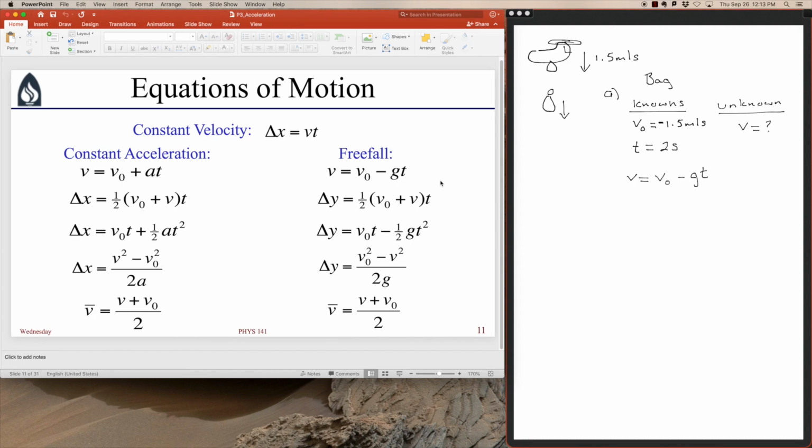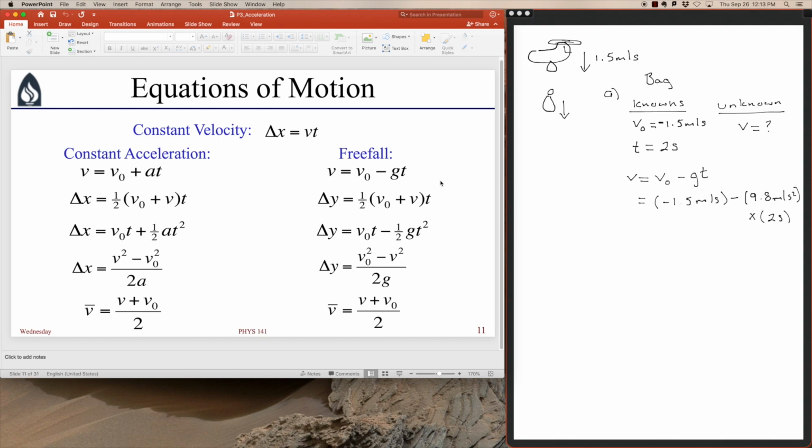Now this equation is already arranged to solve for my unknown, so I can just go ahead and plug in the numbers. My v naught is negative 1.5 meters per second, minus g, which is always positive 9.8 meters per second squared, because I took care of the minus sign in my equation. And then I need to multiply that by the 2 seconds.